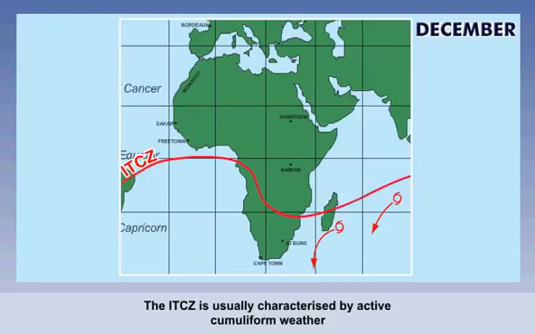The ITCZ is otherwise known as the equatorial trough and is characterized by a band of fairly active cloud developments associated with convective and convergent uplift. Therefore, along the ITCZ, and even up to 500 nautical miles either side of it, expect significant cloud developments, sometimes even up to 50 or 60,000 feet.